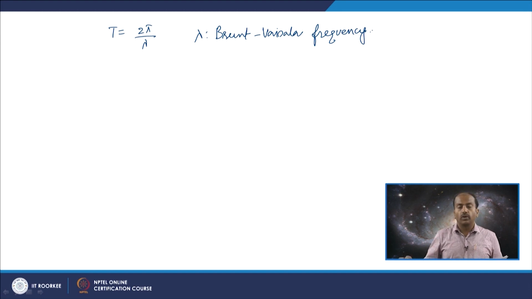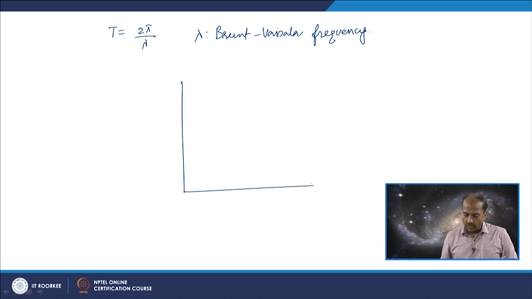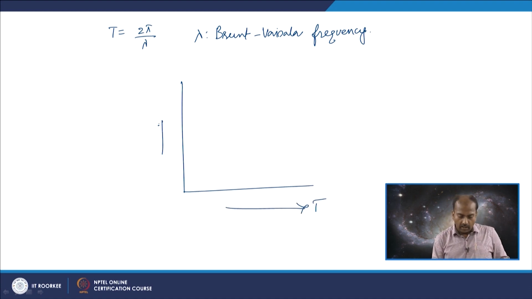Let us say if you want to understand this physically, what does it mean? You have an atmosphere which is stable. Thermodynamically, what is happening? We have to understand this situation thermodynamically. Let us draw a diagram to understand this. Let us say this is temperature across the x-axis and height across the y-axis, right.